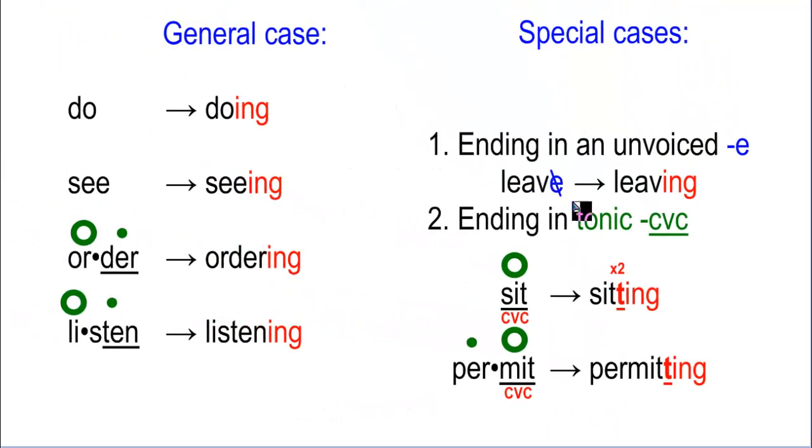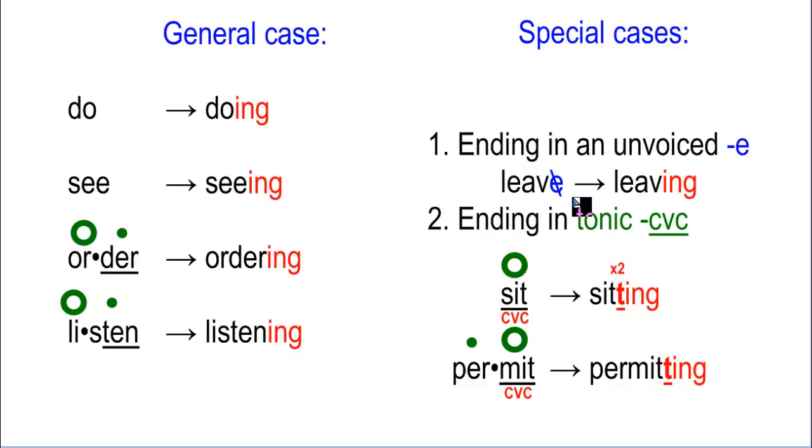However, remember, I said tonic syllables. For example, the verb order. I will order my room. Order. The emphasis is in or. Even though it finishes in consonant, vowel, consonant, you don't duplicate the letter, because in this case the word order has the emphasis at the beginning.